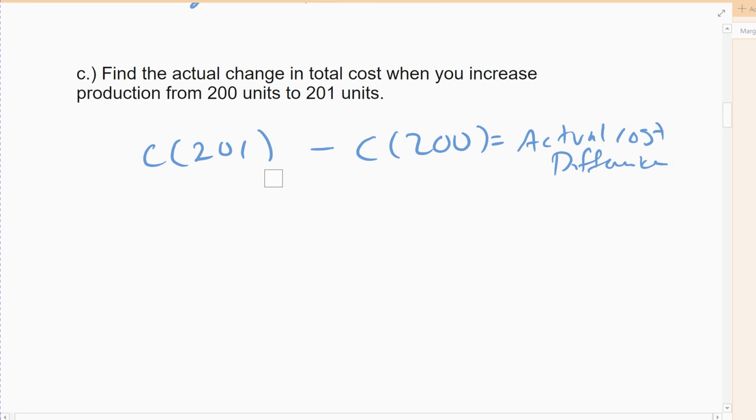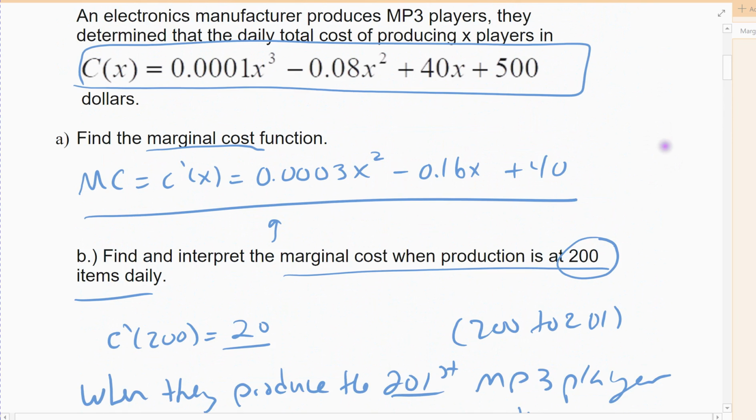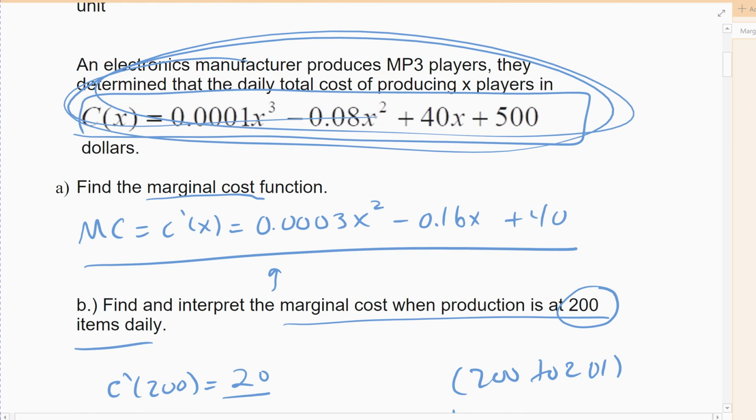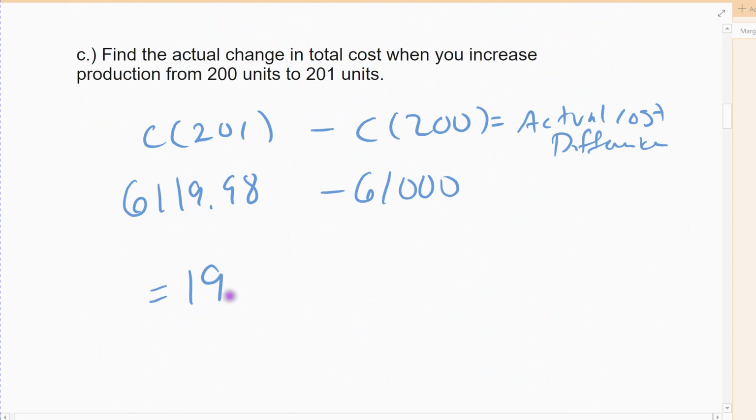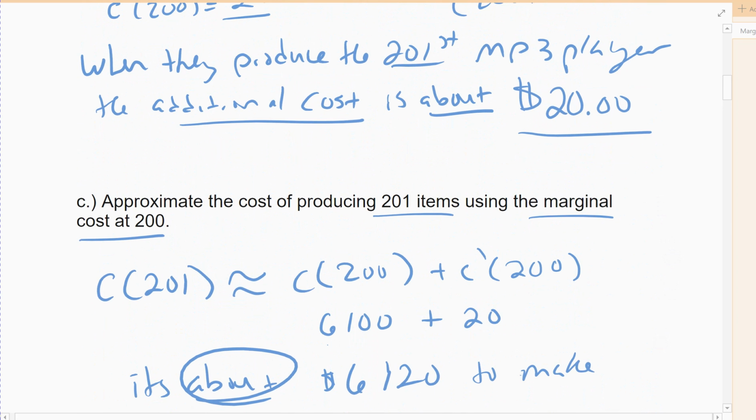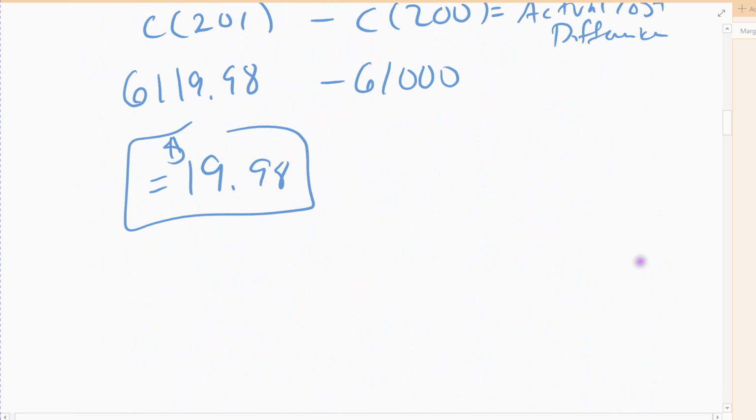When I plug 201 into the original cost equation, it comes out $6,119.98. This was $6,100, and so the difference was $19.98. So my approximation was pretty close. I approximated that it was a $20 extra fee to produce that 201st item. If somebody were to borrow $19.98, you'd probably round that to 20. So it's a pretty good approximation.